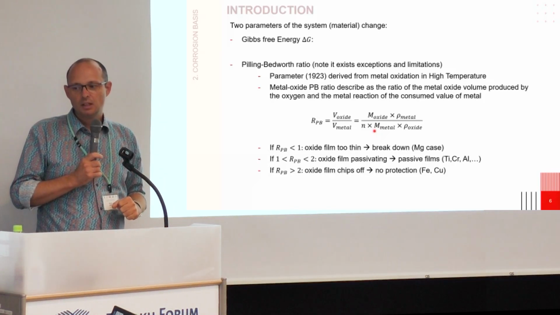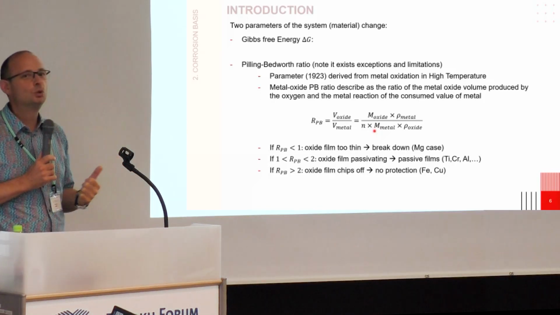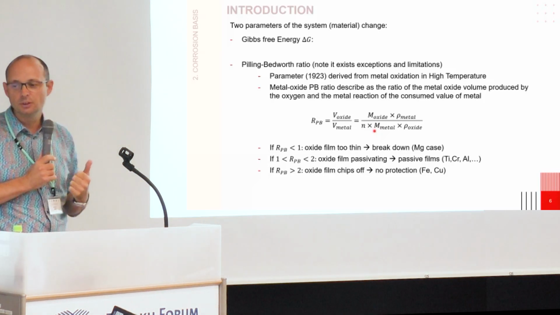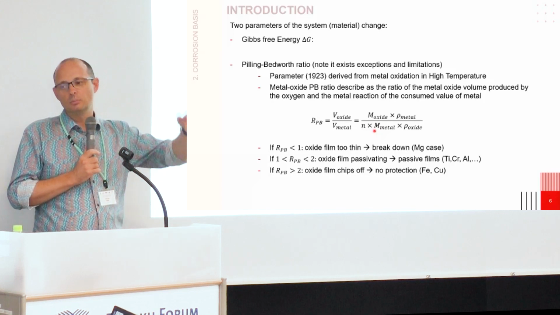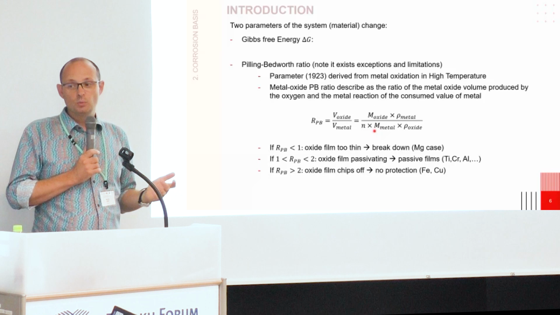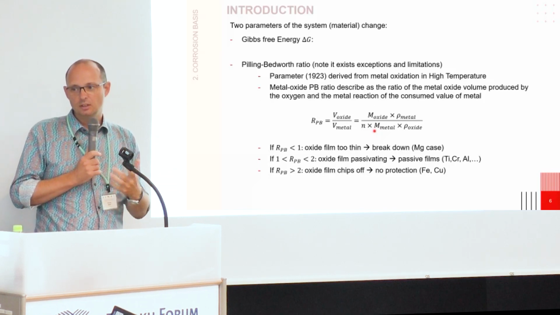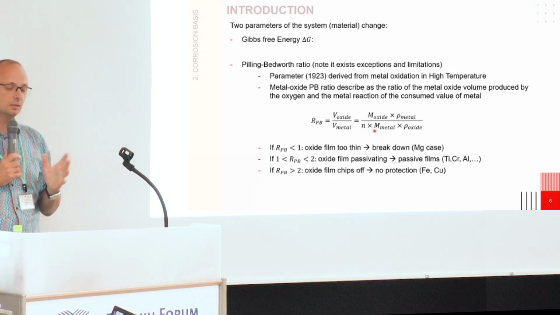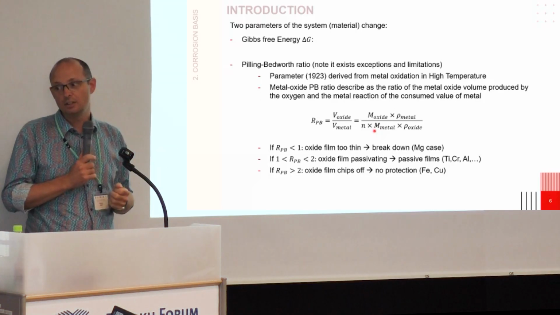Okay, so thermodynamics is not a very useful tool when an engineer wants to use it to know if there is corrosion or not. So it was proposed a couple of 10 years ago, a ratio, the Pilling-Bedworth ratio, and this ratio came from oxidation at high temperature.